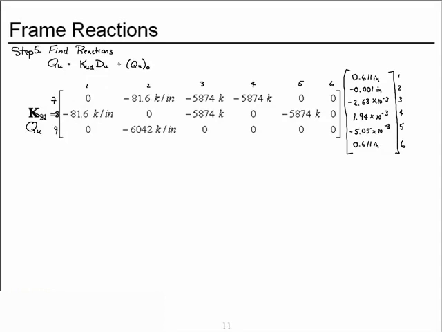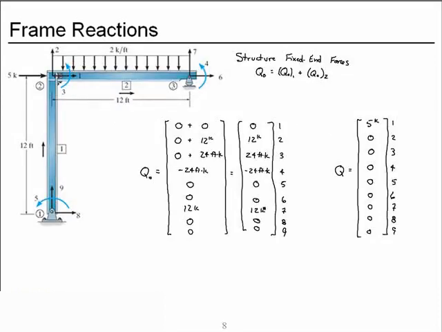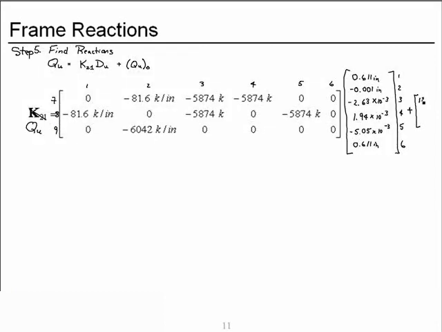And that takes care of K21 and our deformations. Can't forget to add our Q0 for degrees of freedom 7, 8, and 9, which we had calculated to be these 3 quantities. So we have the 12 kips, 0, and 0.